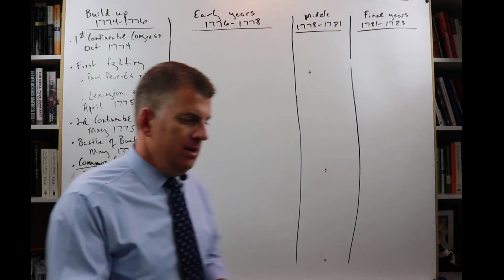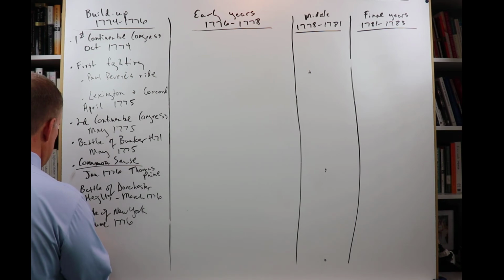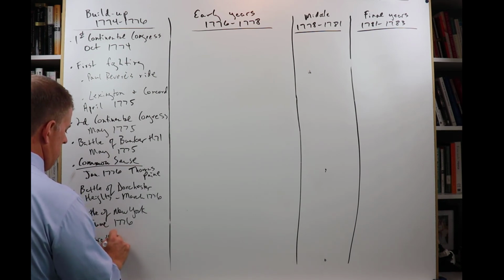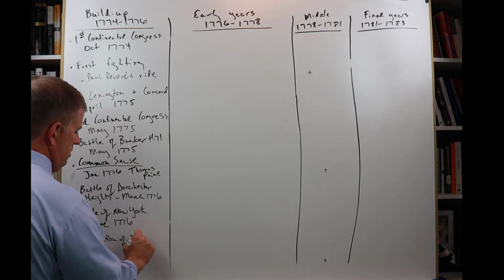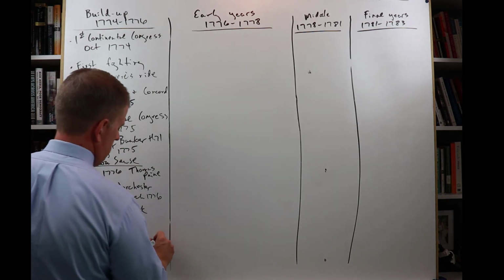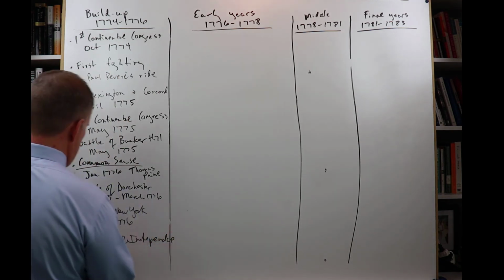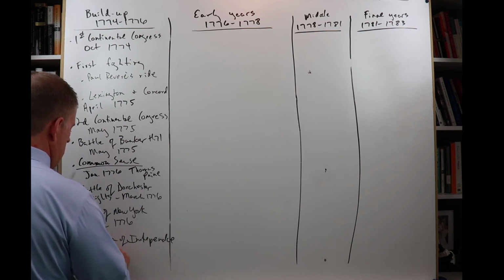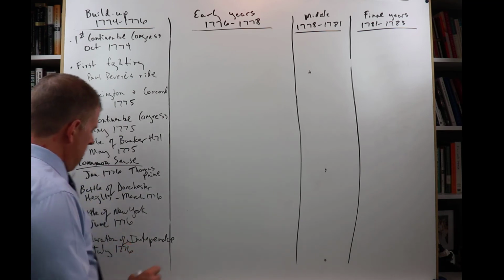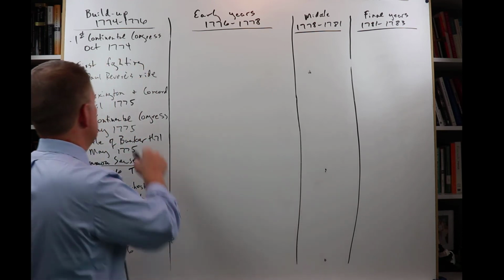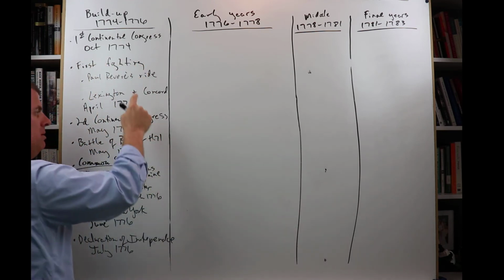We're building up. Notice we're in June 1776. Now we're at July 1776, Declaration of Independence. The Second Continental Congress had been in session.